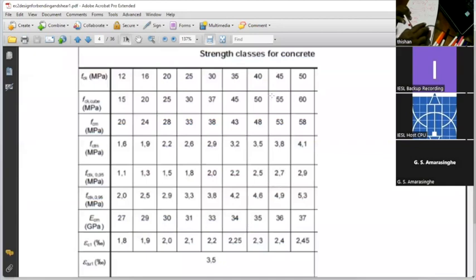But when you take 0.6 times 45, we end up with something like 27.